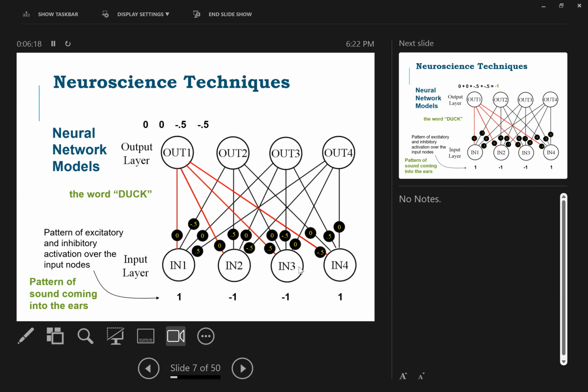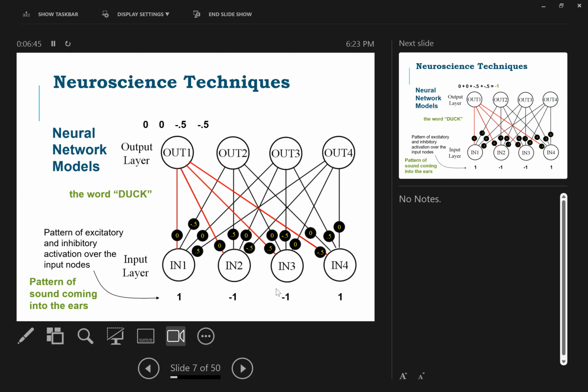You could say there are 3 factors that go into the impact one cell has on another cell. One is, what is the activity of this cell? In this case, it's below baseline. 2, what is the connection weight of this cell to the postsynaptic cell? 3, what is the strength of that connection? Do you see all three factors here?